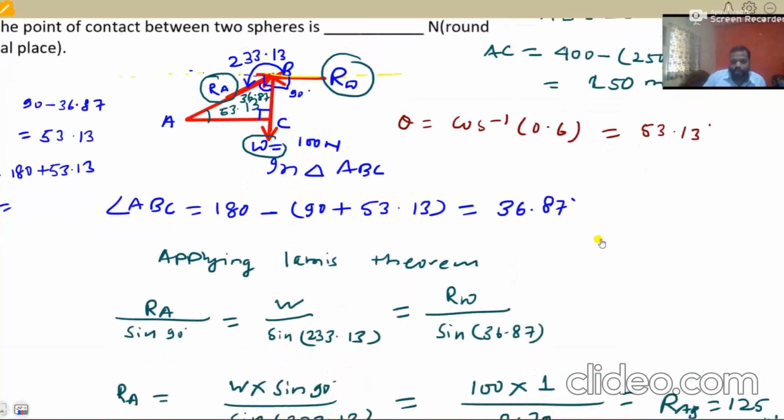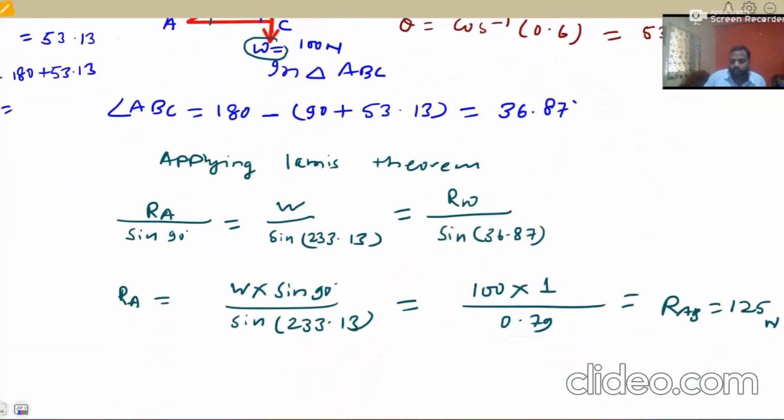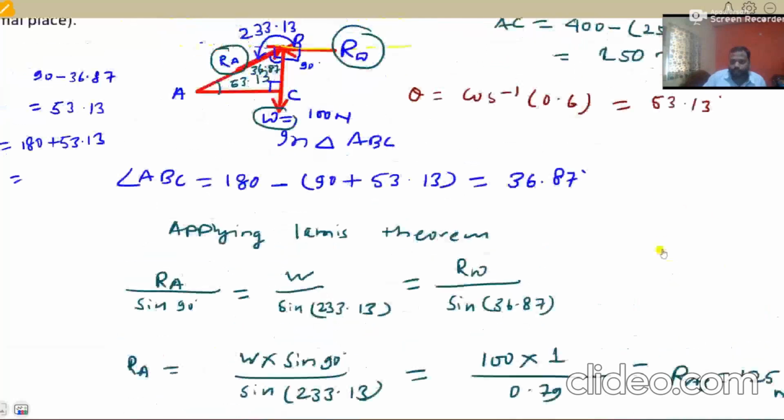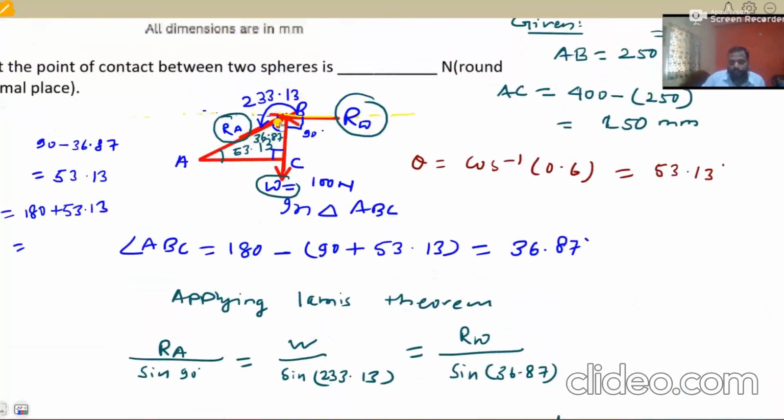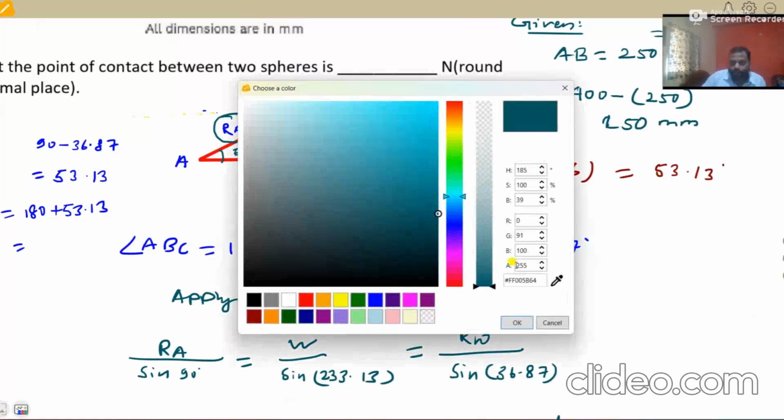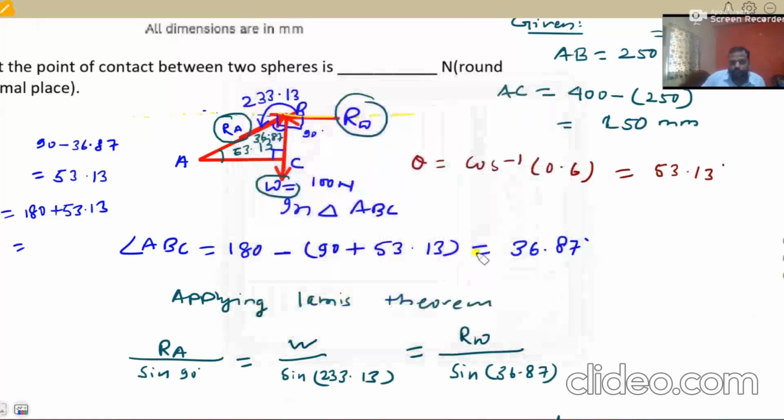You can get this RA by different methods also. Second method: if RA is acting inward, then the two components of RA will be RA cos 36.87 and RA sine 36.87.